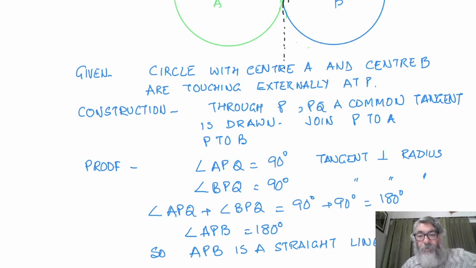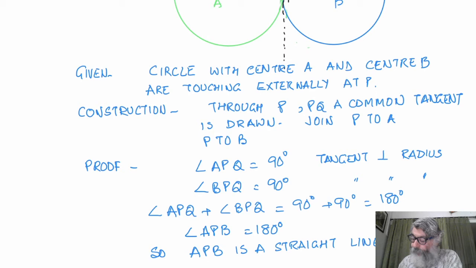We were able to prove it. Why is it a straight line? Because we said tangent and radius are perpendicular. There were two circles, so two radii, and we had a common tangent. So we said APQ is 90, BPQ is 90, we added them and got 90 plus 90, that is equal to 180. So APB becomes 180 degrees, and that means APB is a straight line.